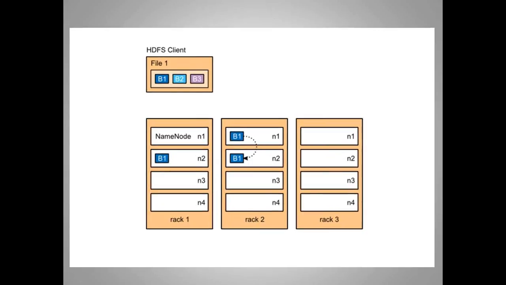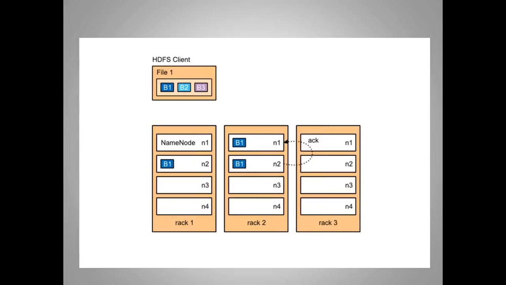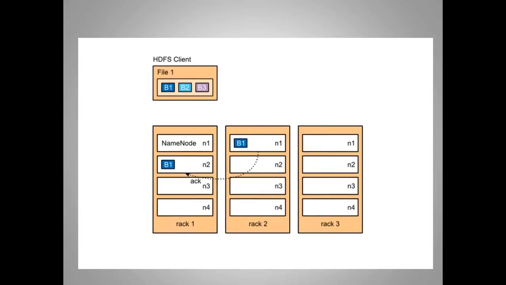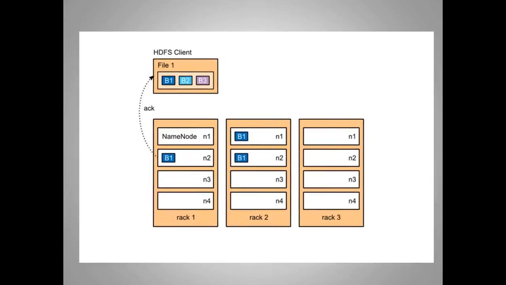So if you observe, you have totally 3 copies of block 1, 3 replications of block 1. Acknowledgement will be sent from last to the previous, and then to the previous, and then to the client, specifying that block 1 was successfully loaded. And then you'll have block 2, and then you'll have block 3.